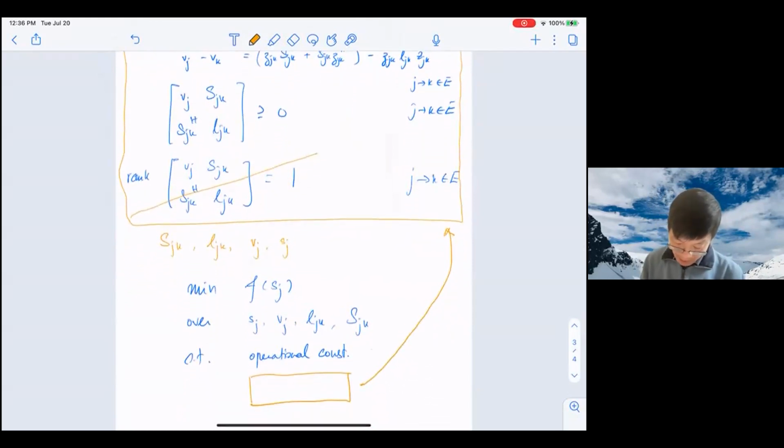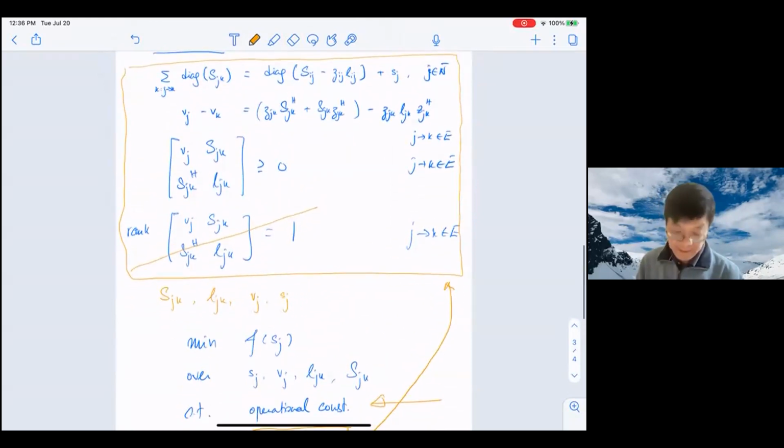Now, typically the operational constraints are convex, but typically linear, depending on your application. For the voltage limits and also the capacity constraints, they are linear.